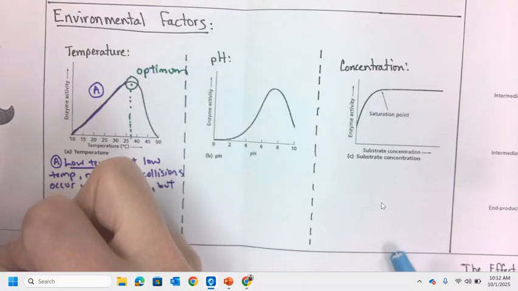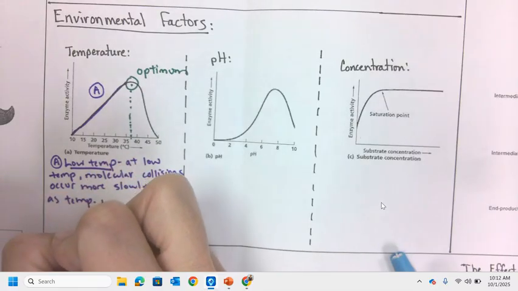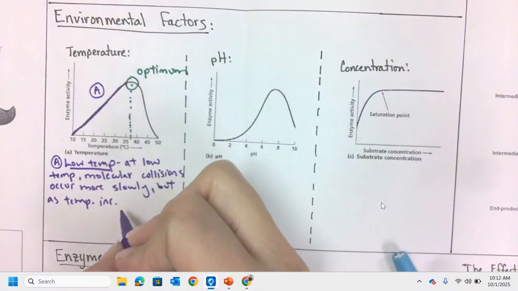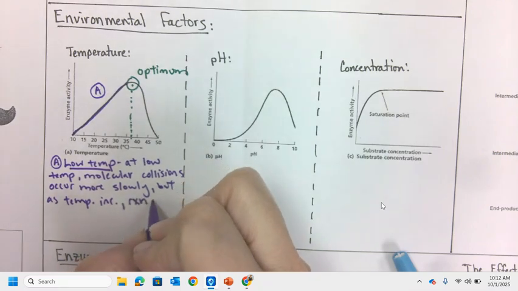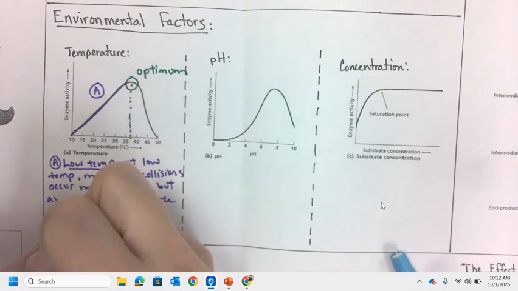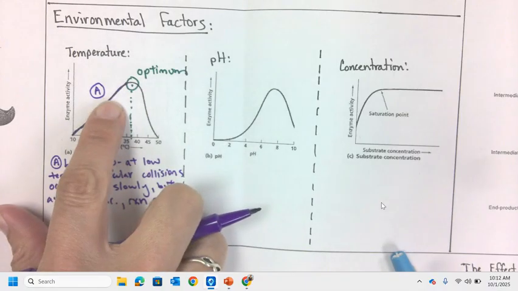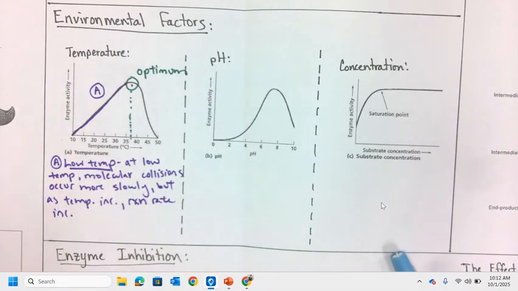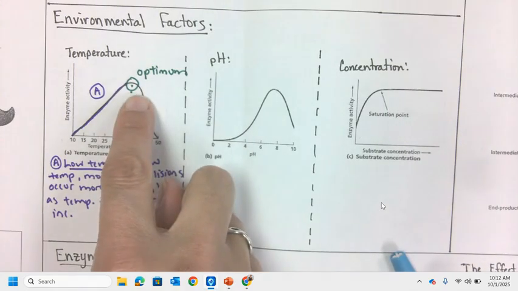But as temperature increases, reaction rate increases, because the rate of the collision between the enzyme and the substrate occurs more frequently. Then we obviously get to our optimum temperature.